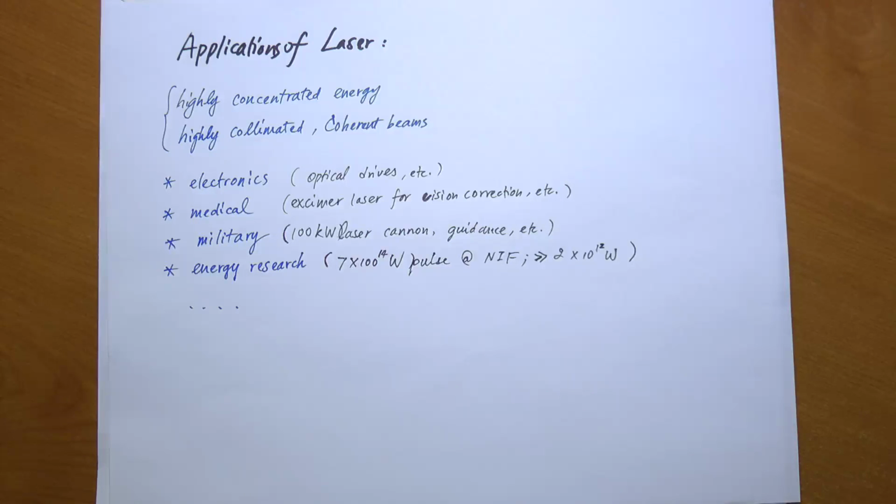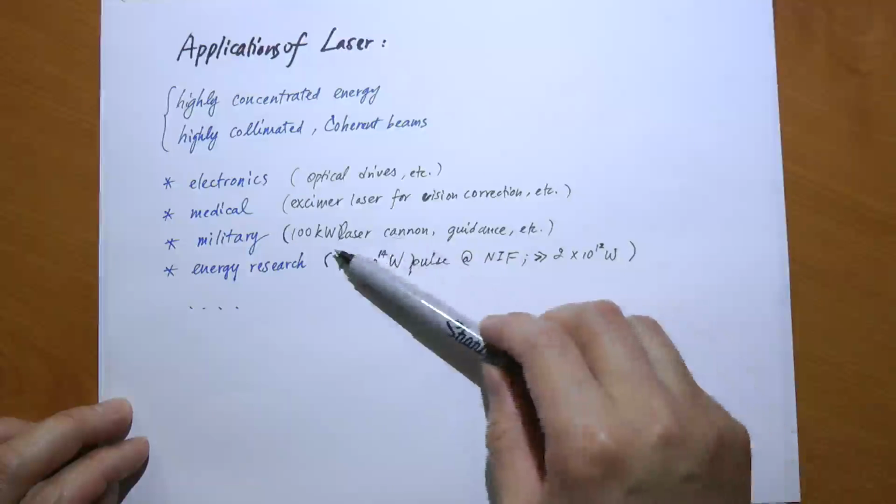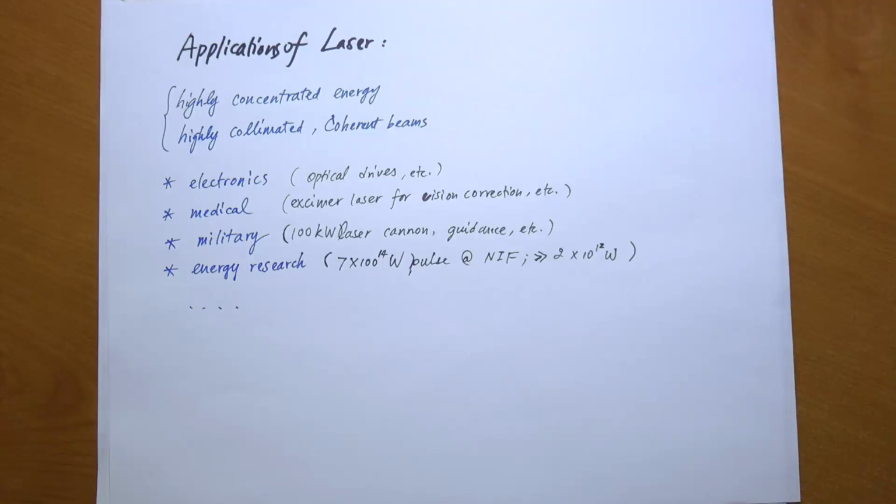It's still very bright, but it's only of the order of milliwatts, 10 to the negative 3 watts. The military grade CO2 laser used in the laser cannon can get you energy like 100 kilowatts. Imagine a laser pointer pointing at you is already very intense, but that's 10 to the negative 3 watt. This is 10 to the positive 5 watts. It can actually destroy things for military purposes.